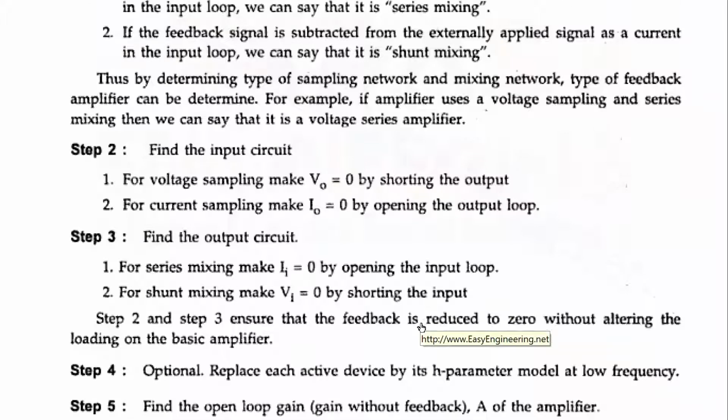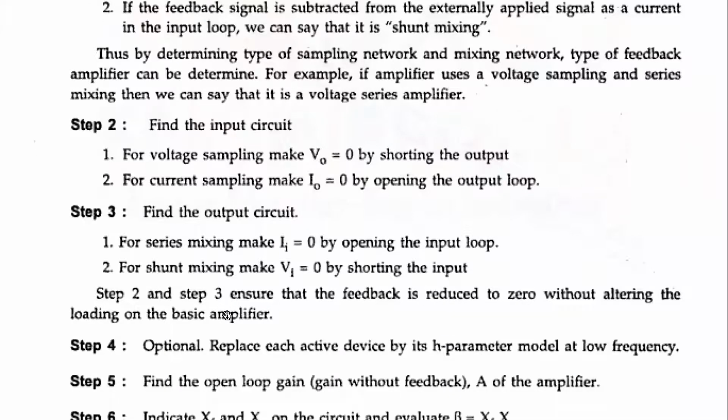Then what are the next steps? You find the input circuit, you find the output circuit, and join the input and output circuits. Then we will have a transistor, isn't it? The amplifier block has a transistor. Replace the transistor with its H parameter model at low frequency. Unless specified otherwise, at low frequency we will consider the H parameter model.